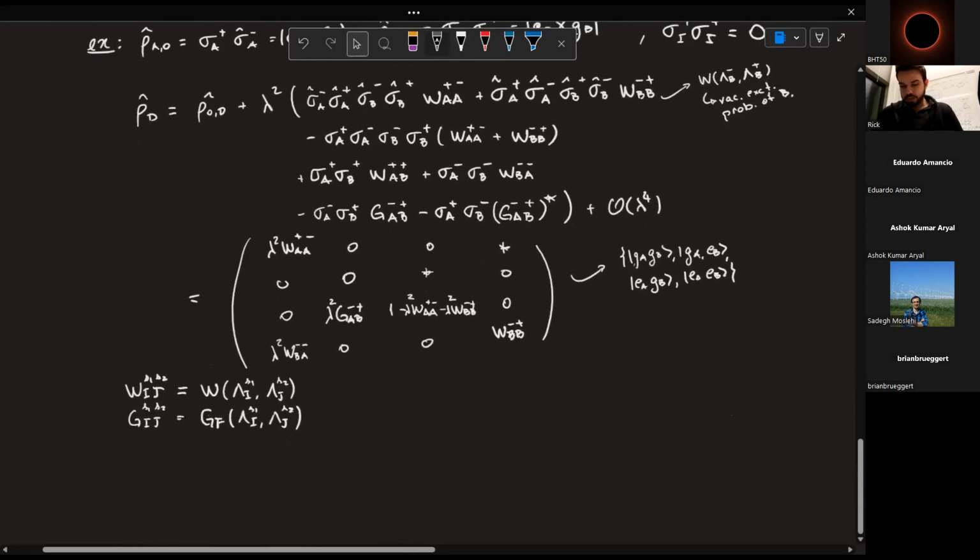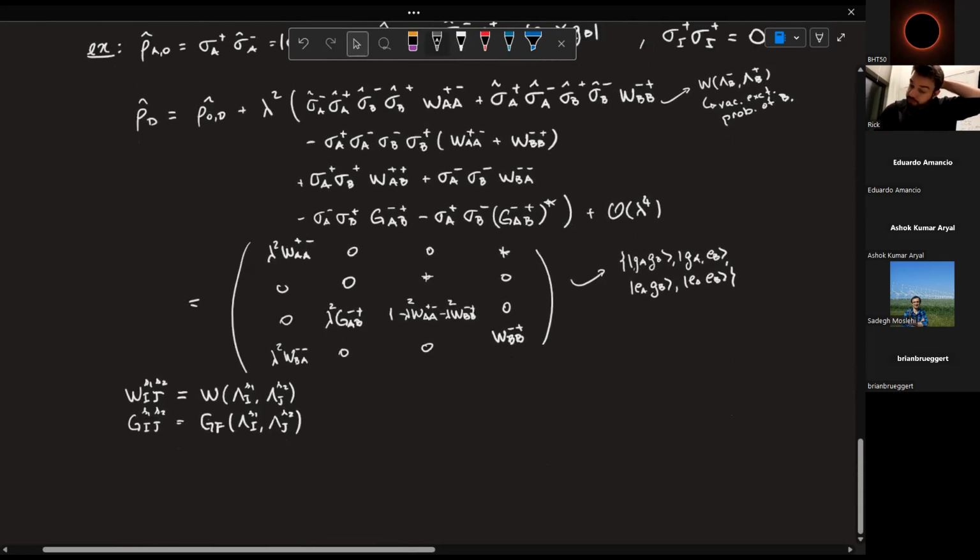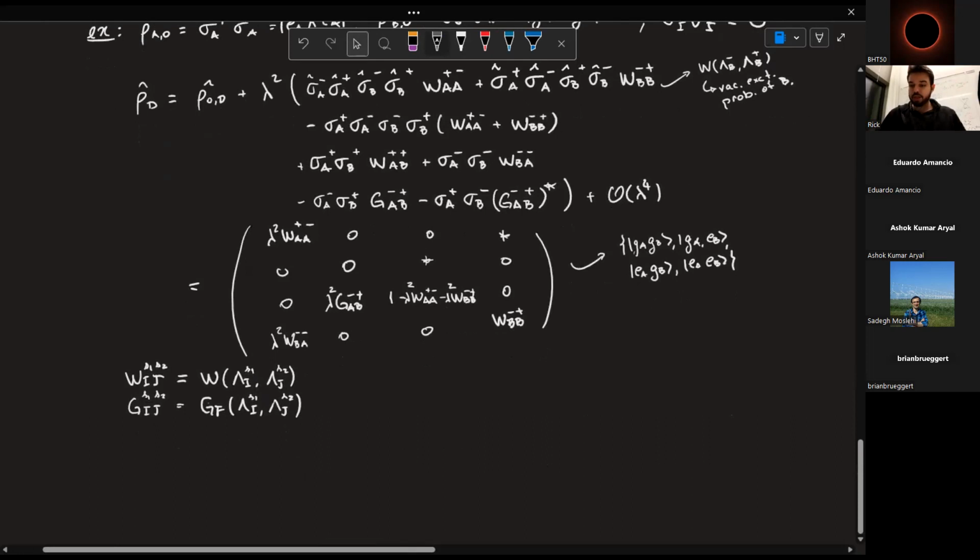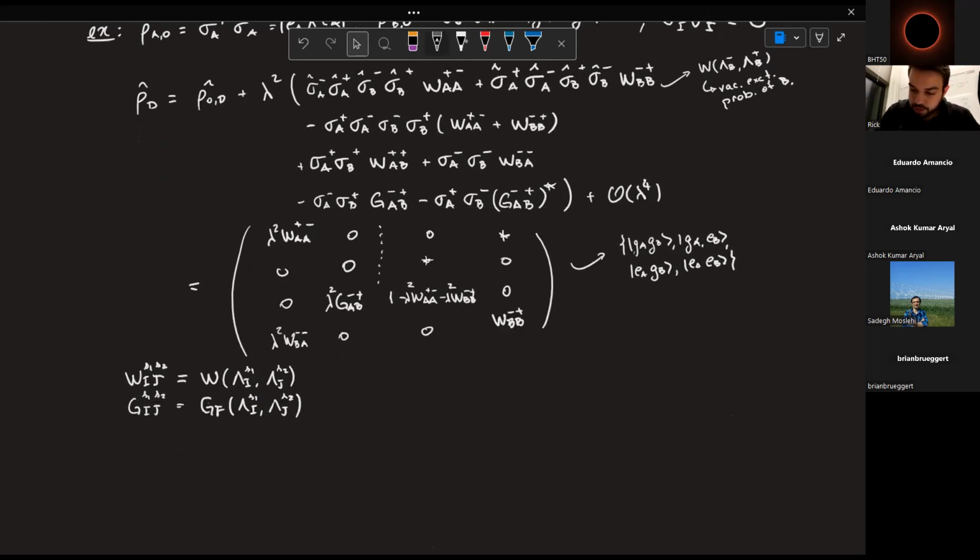Because now if we want to find out what is the final state of Bob, it's enough to partial trace this matrix over the big matrix. So remember that this is this block form because this is the tensor product of two C2 by C2 matrices.